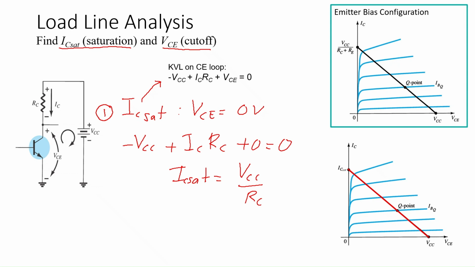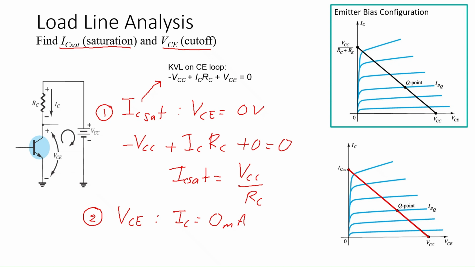And then for the second point, we need to know the value of VCE. When VCE is at cutoff, the information we have is IC equal to 0 milliampere.